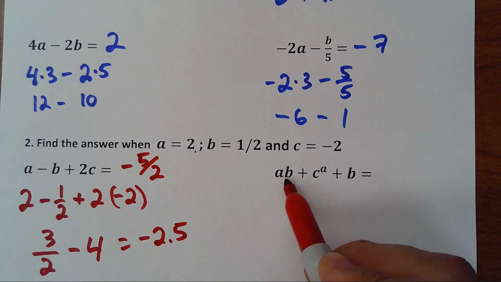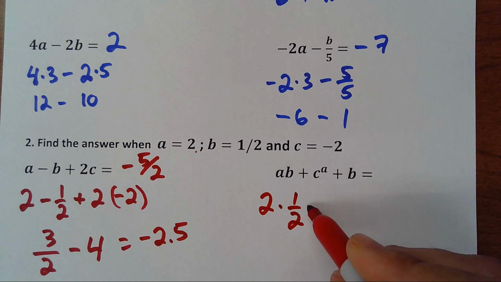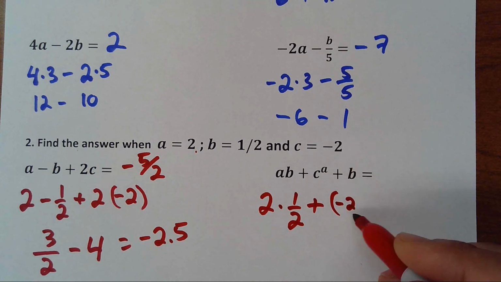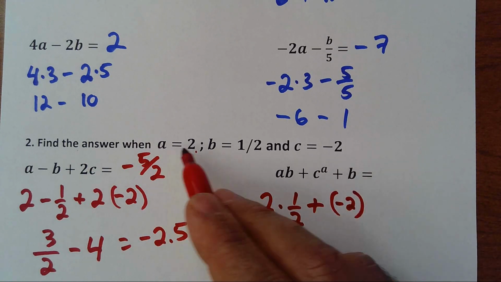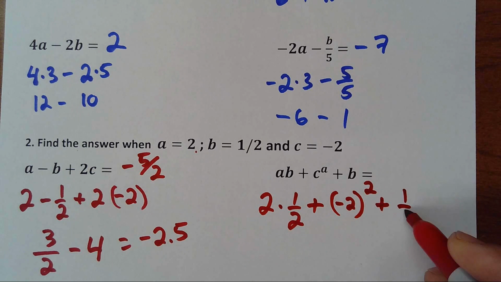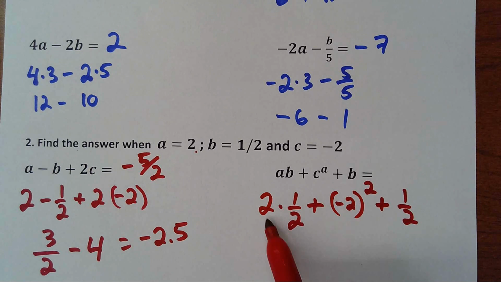ab is a times b, so it means 2 times 1/2, plus c is negative 2, but it's raised to a, and a is 2. It's my exponent 2, plus b is 1/2. So I also assume you know how to multiply fractions. We have a lot of videos on multiplying fractions, so I'm not going to take time on this. 2 times 1/2 is 1.